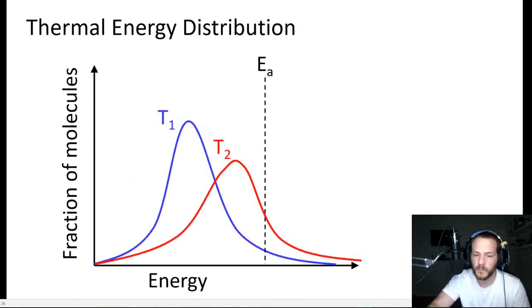So if we look at this sort of graphically here, this represents what we call thermal energy distribution. And so this would represent a collection of molecules at two different temperatures, which we'll call T1 and T2, where T2 is higher than T1, or T2 is hotter, higher temperature than T1. On the y-axis, we have the fraction of molecules, and on the x-axis, we have the energy, right?